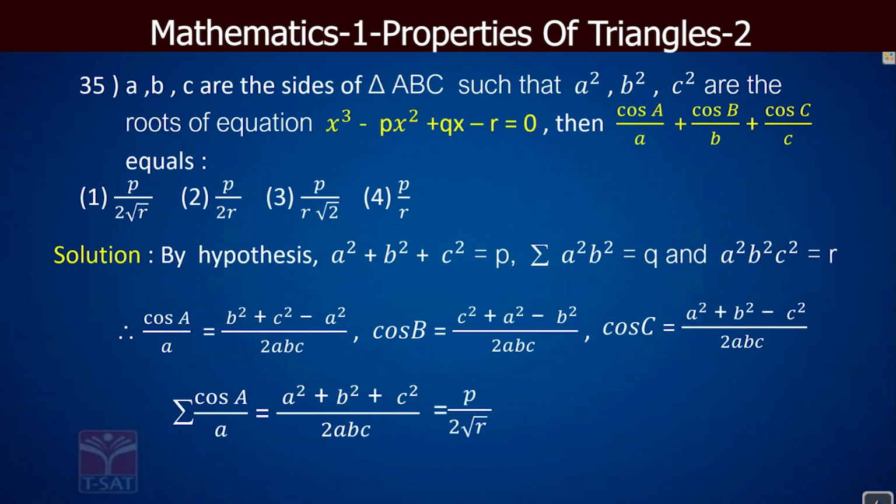And abc squared is equal to r, so abc is root r. So, therefore, this is equal to p by 2 root r, because a square, b square, c square are the roots of x cubed minus p x square plus q x minus r equal to 0. So, the correct option is option number 1.